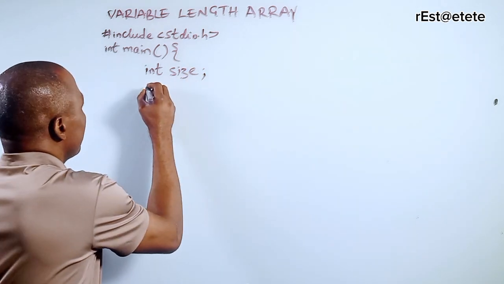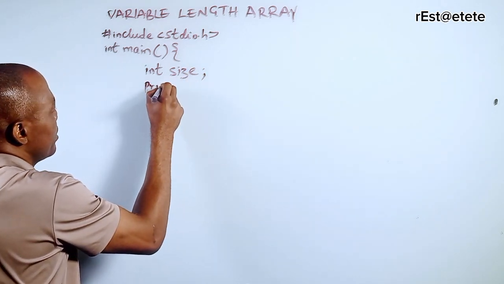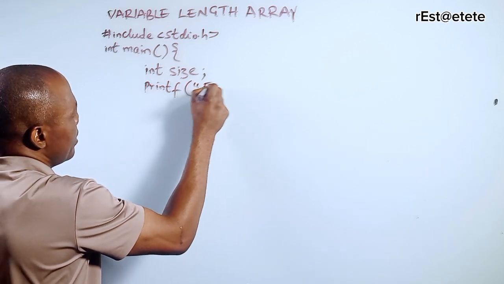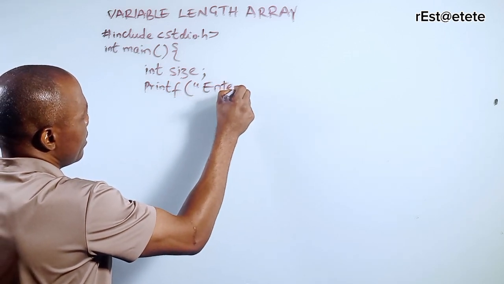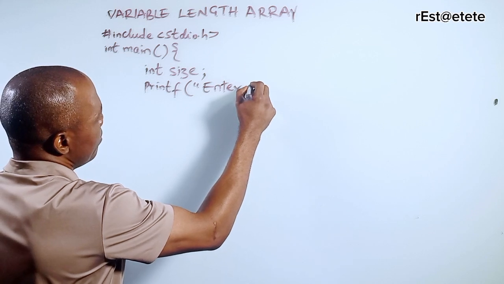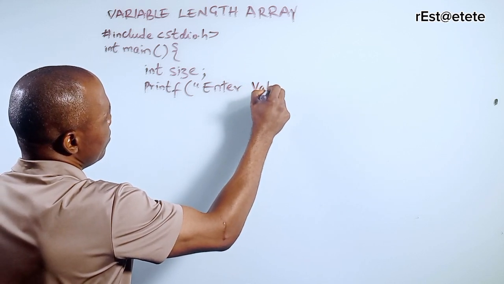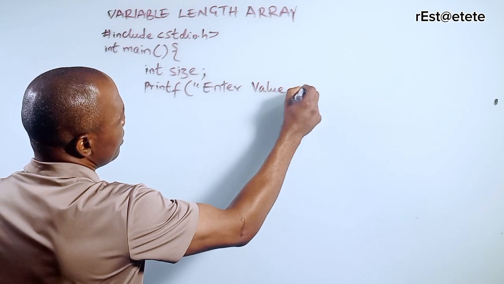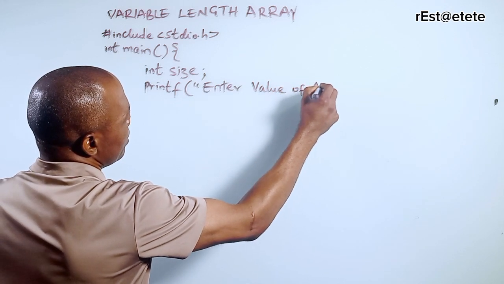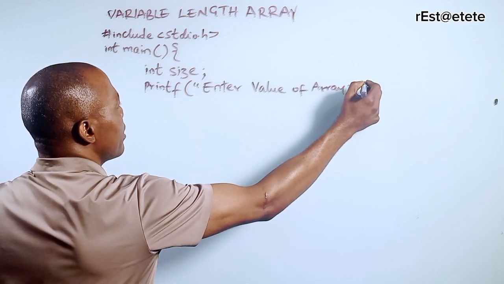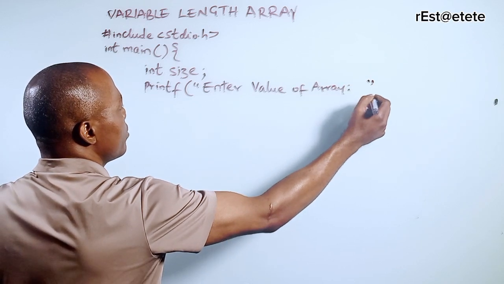Then here I will say printf, enter value of array. And then I'll give space and then do this.